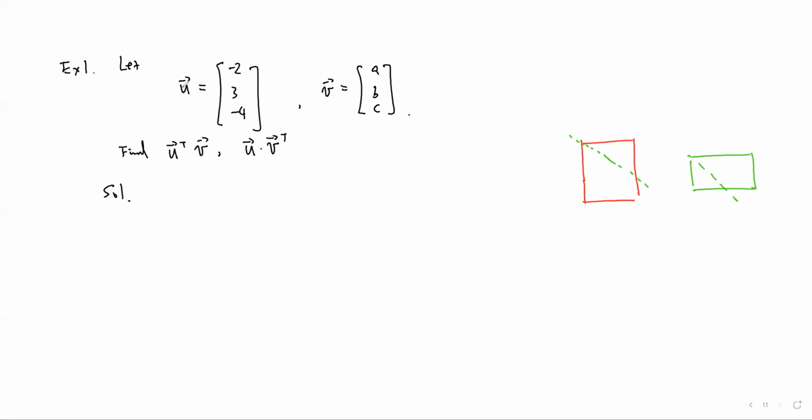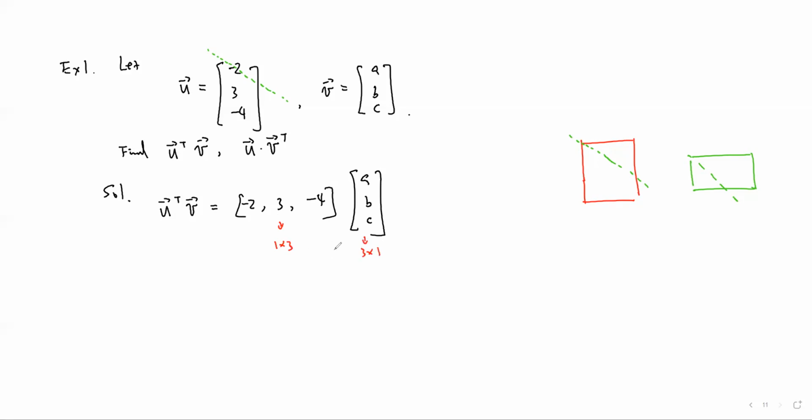Okay, now U transpose. Draw the main diagonal line, then rotate U about the line. Then we get -2, 3, -4. This is a 1 by 3 matrix. Now times the vector A, B, C. This is 1 by 3, and that is 3 by 1.